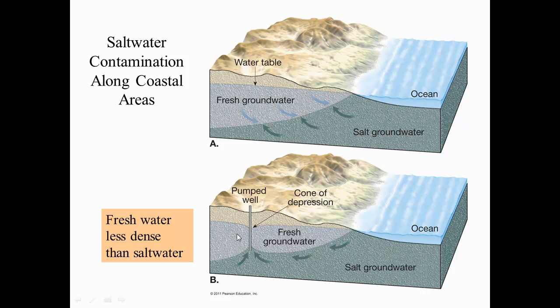And as long as that pumping well remains bottomed out in the fresh groundwater, it'll deliver clean water. But that pumped well can eventually pump to the point that it draws in the underlying salt groundwater, in which case the well is contaminated.